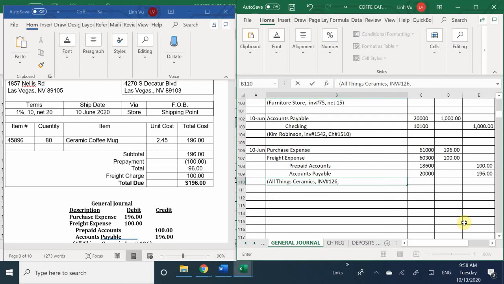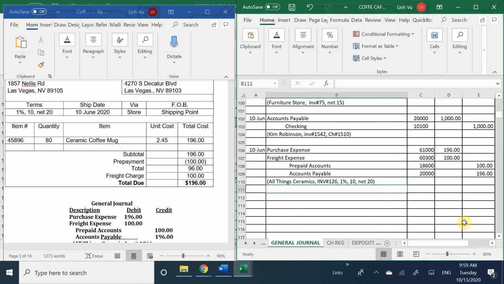And I'm also going to include my terms, which is 1/10 if I pay within 10 days. If not, the whole thing is due in 20. So this person's only giving me 20 days to pay.